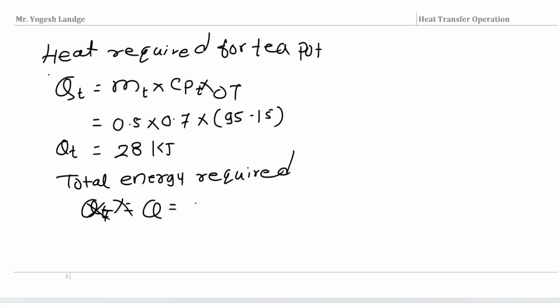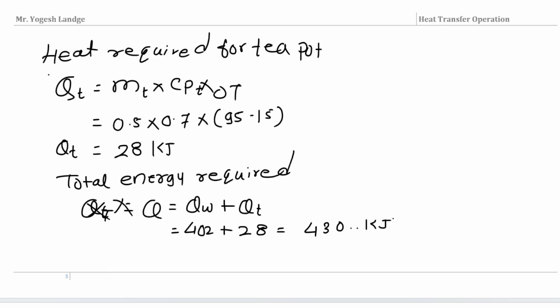Q is equal to the amount of heat required for water plus the amount of heat required for the teapot. We calculated the QW value, which is around 402, plus this is 28. So the total amount of heat that is required is around 430 kilojoule. So this is the third step.